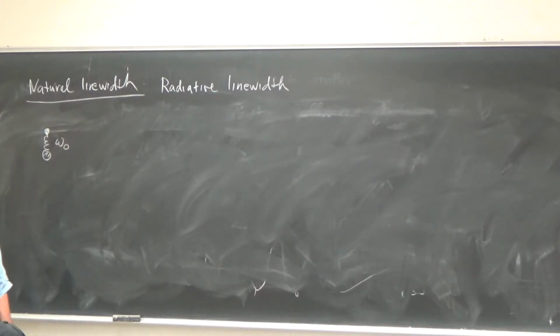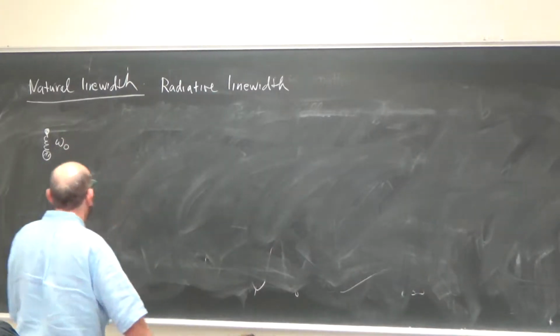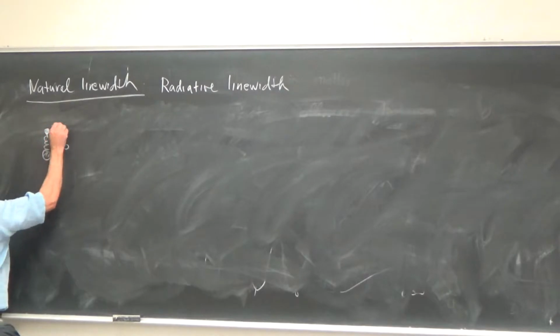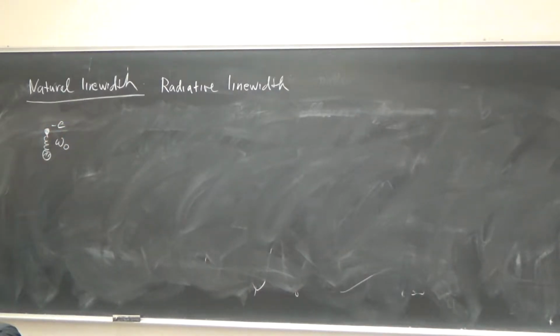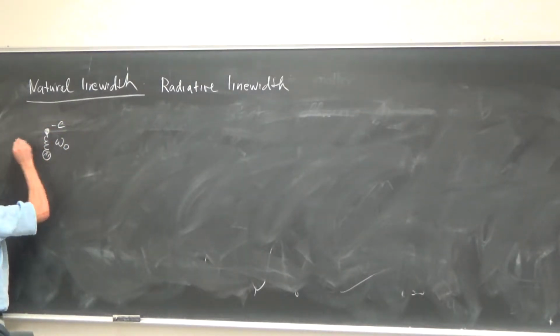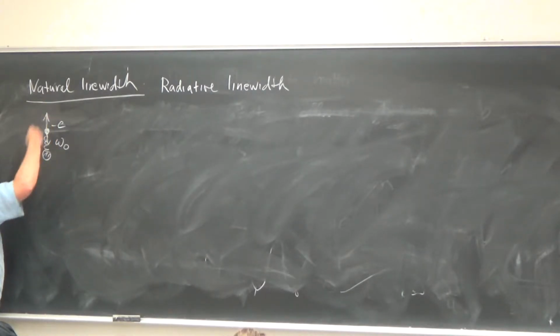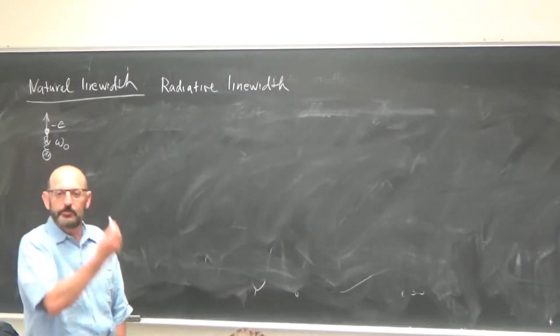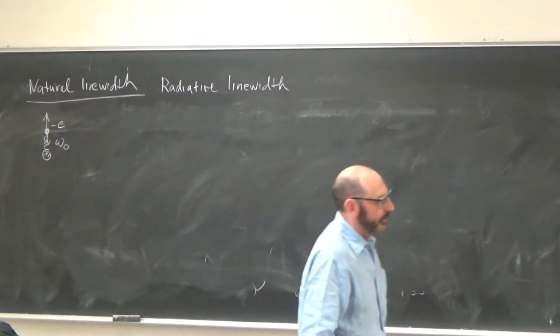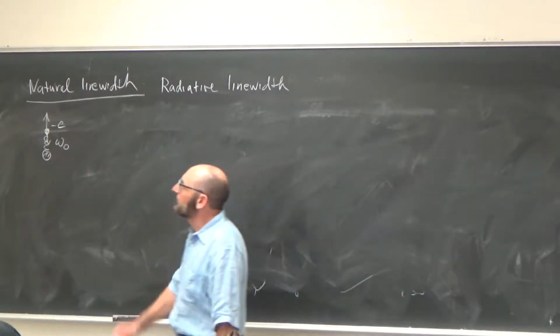I have this electron, bless you, bound to the nucleus. It's being driven by the applied field, and it's oscillating up and down due to the force of the electric field, say that's polarized in this direction.